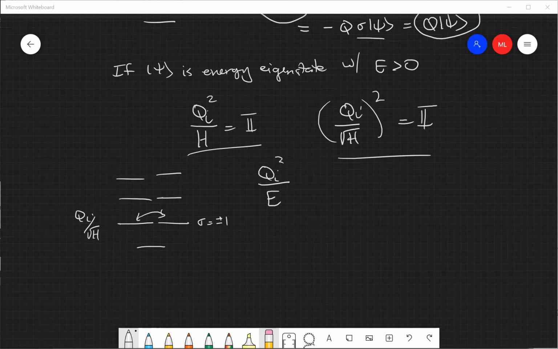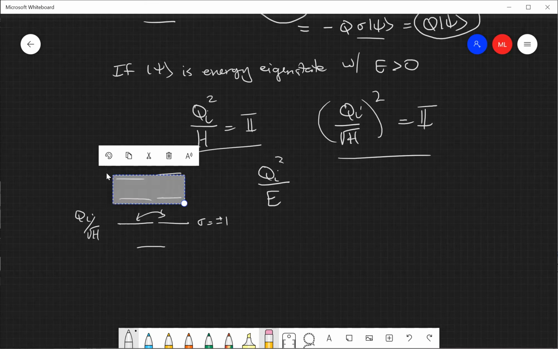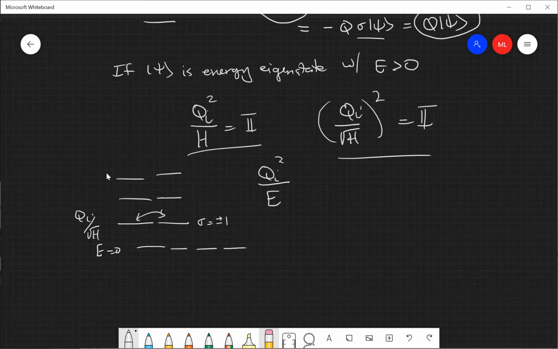And of course, the ground state is special because you can't construct the operator there that jumps you between the different kinds of parity states. And so the ground state can actually have degeneracies also, but the states here at 0 energy could have different parities, different sigmas.